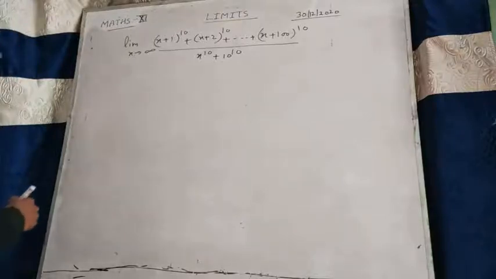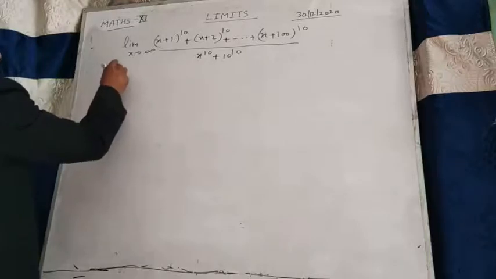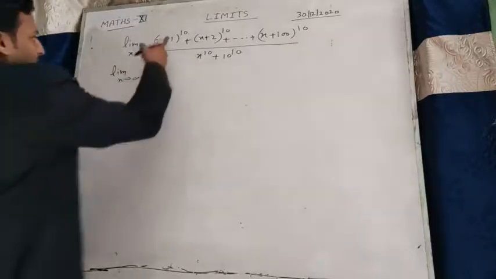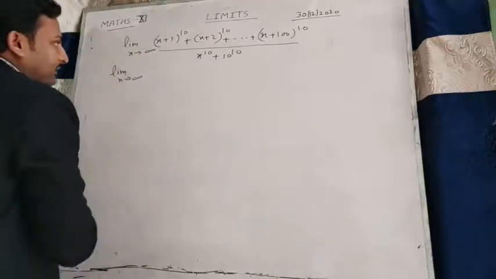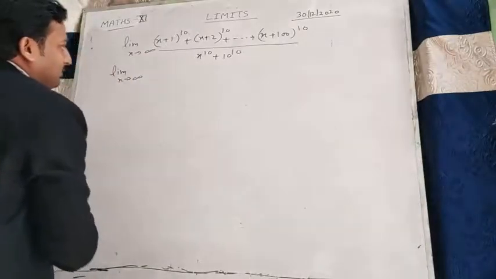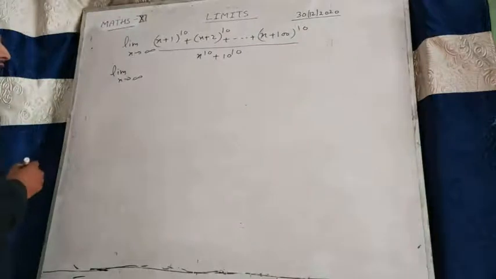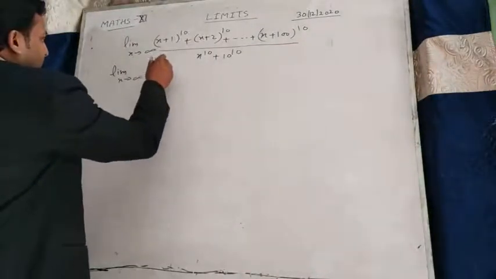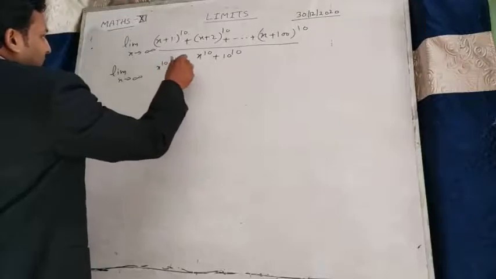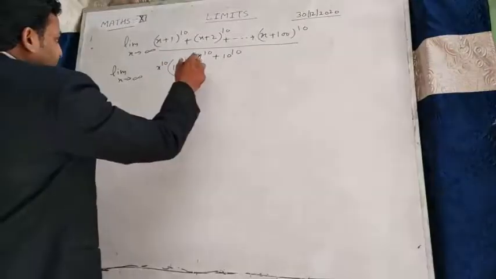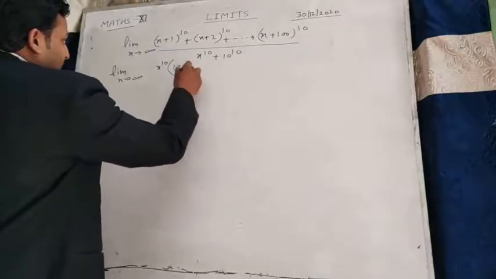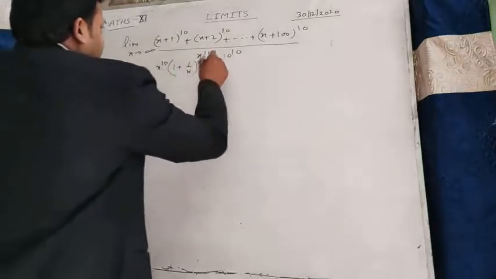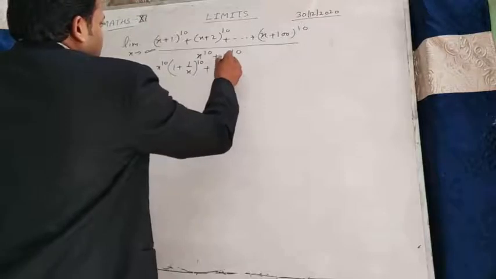Okay students, so limit x tends to infinity. We are seeing that the limit is infinity, so we will take the maximum power of the variable outside in numerator and denominator, students. So first we will take x to the power 10 outside. This is 1 by x to the power 10, and here x to the power 10.